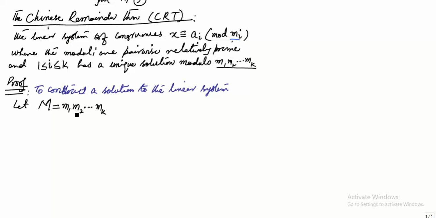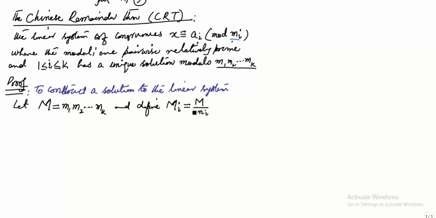And now we define capital Mi, the product of all moduli, meaning capital M divided by the ith modulus mi.